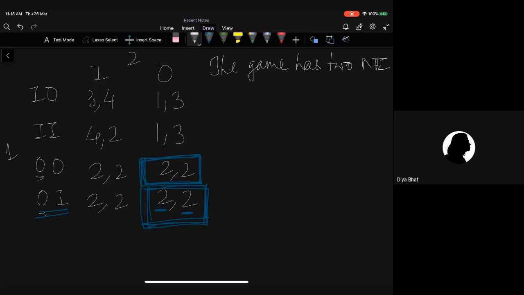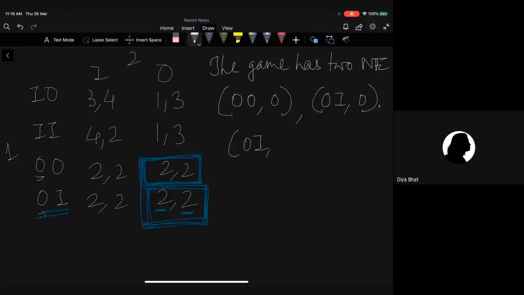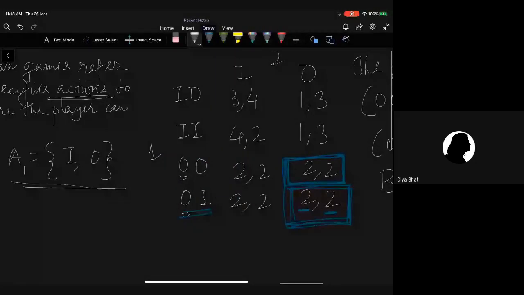OO, comma O and OI, comma O, and of them OI, comma O satisfies backward induction, and this we know because of the analysis we did here.